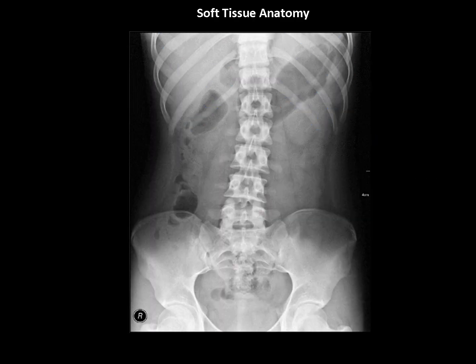So we'll move on from the bony anatomy to soft tissue anatomy. Again, we'll start from the top and work our way down. If we look up in the right upper quadrant first, we see this structure with this edge here. And that will be the liver. If we look in the left upper quadrant, we see a similar edge.